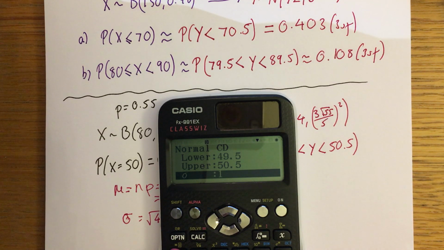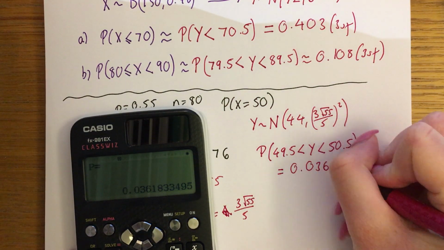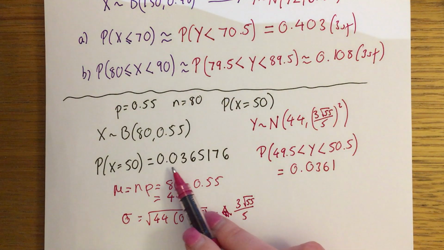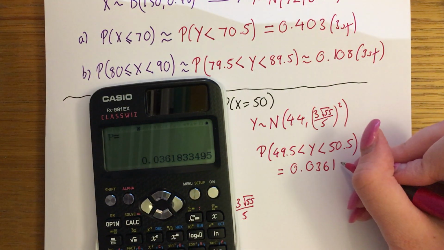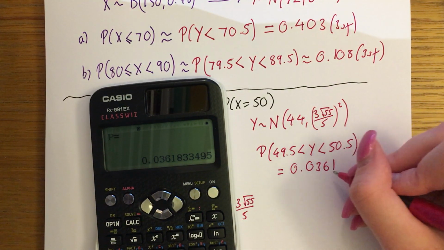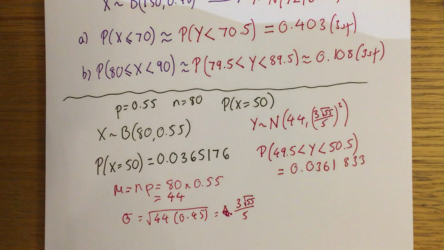Standard deviation of 3 root 55 over 5, and mean of 44, which is 0.0361. Now I took 7 decimal places, so I'll take 7 decimal places here: 0.0361833.